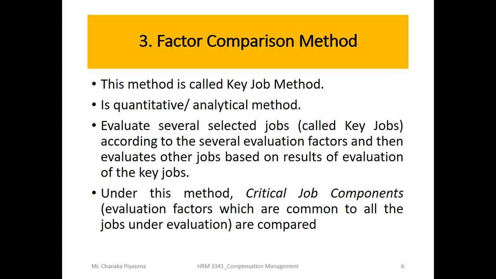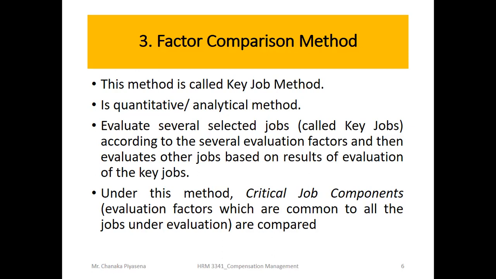There are two major steps in the factor comparison method. Firstly, we evaluate several selected jobs called key jobs. Then we develop a factor comparison chart. Based on the factor comparison chart, we can use all the non-key jobs, and locate these non-key jobs on the chart.